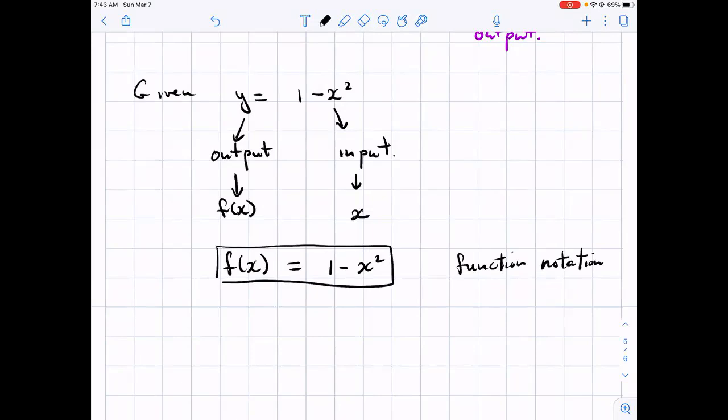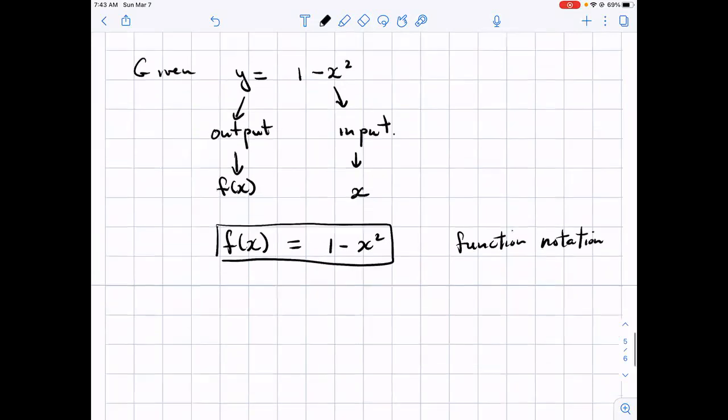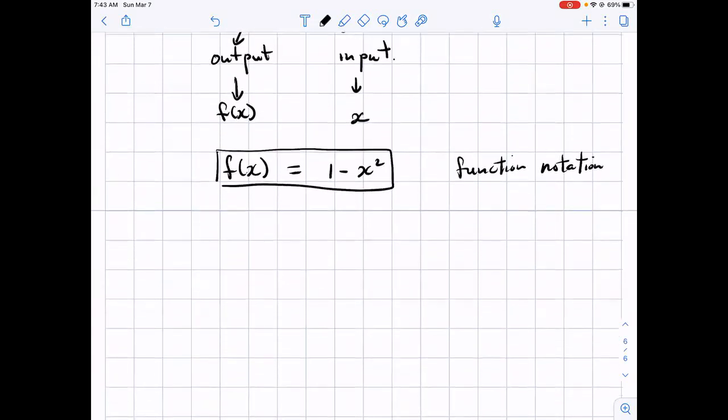Okay. So f is just the most common letter used. When we write f of x, we read this as f is a function of x.